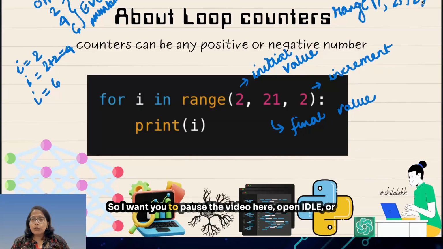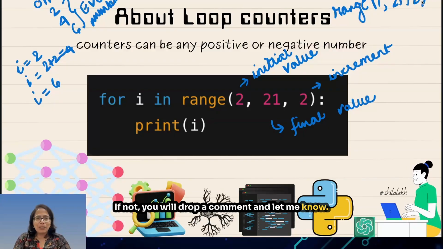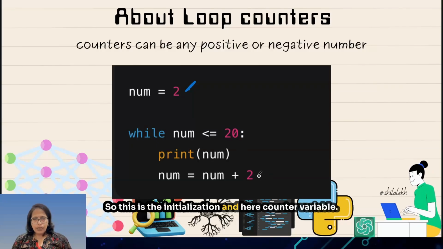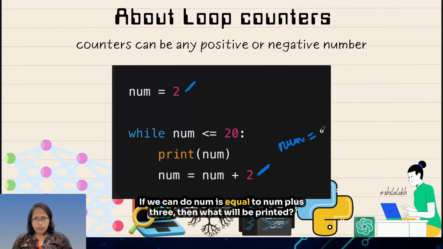So I want you to pause the video here, open your IDE or any other programming environment that you are using, and change the range and see if the odd numbers are being printed or not. If not, drop a comment and let me know. You can do the same thing in while also. In while, it is easier because we were anyways doing this separately. So this is the initialization, and here the counter variable we are increasing by 2. If we do num is equal to num plus 3, then what will be printed?